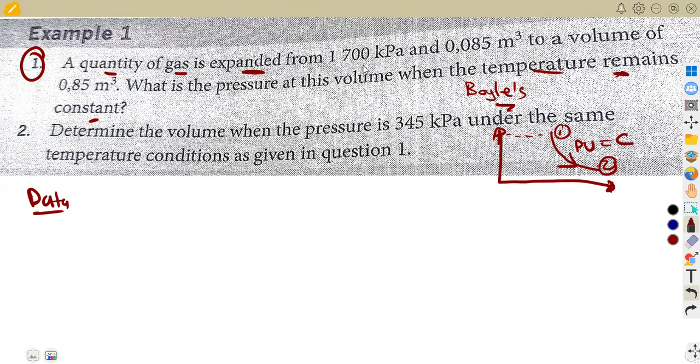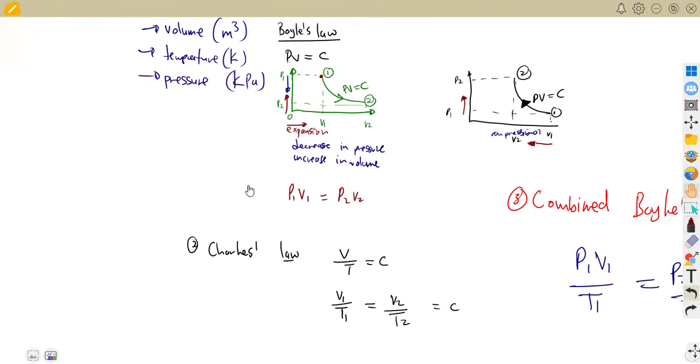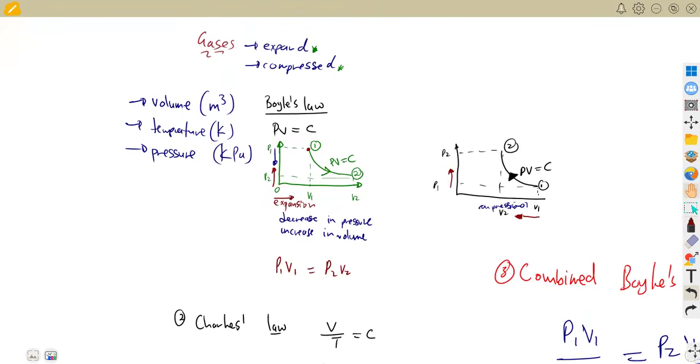It is expanded from this kilopascal. What is measured in kilopascal from our units? These are the units that we need, remember, from the introduction of our units. You are supposed to know this, but the volume can be given in any unit.